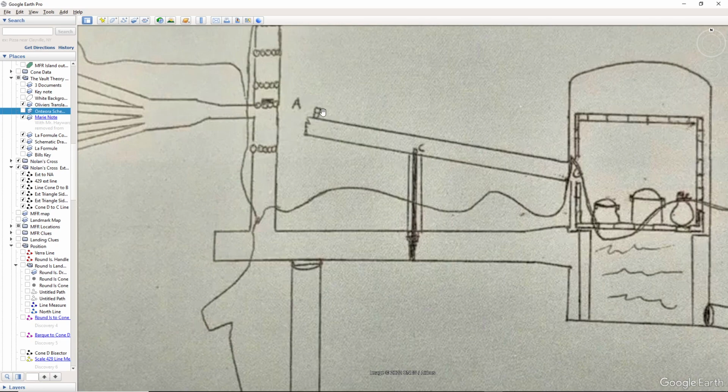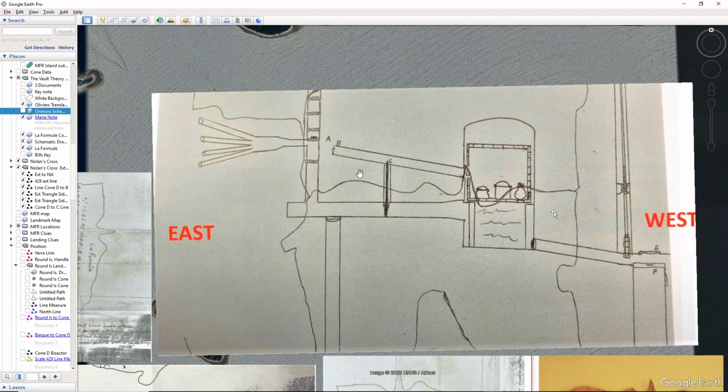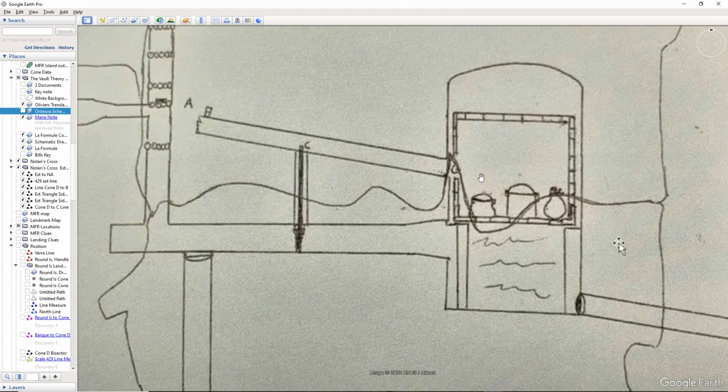And La Formula is where you go 522 feet from La Hampe, and this is La Hampe. And then on the Rochefoucauld map, we have the vault, which is right here. And this is where you enter the vault.